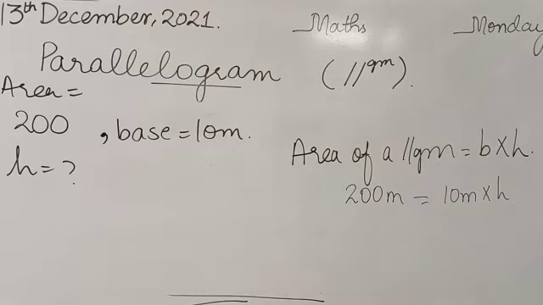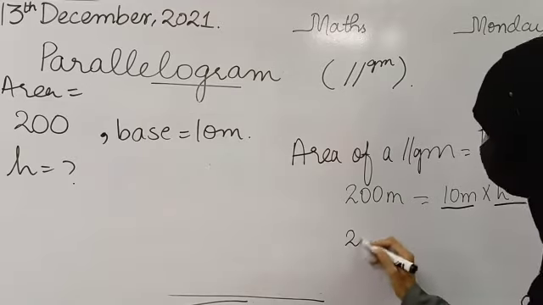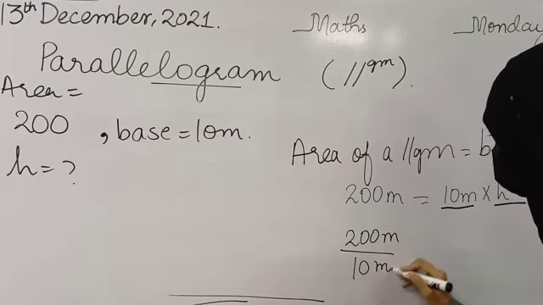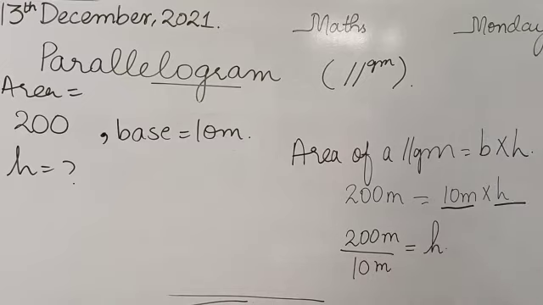Okay, now we'll perform inverse operation. What will be the inverse operation for this? We want to find out the value of h, which is height. So, इसको यही रहने दें. This 10 is multiplying with height. When we perform inverse operation, it will divide itself with 10, 200 meter square divided by 10 meter, and we can find out height.